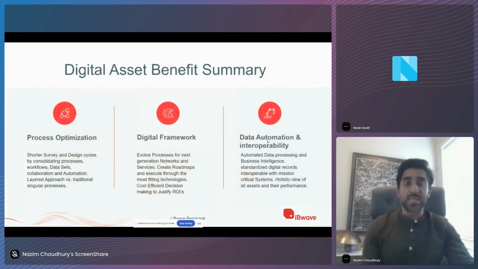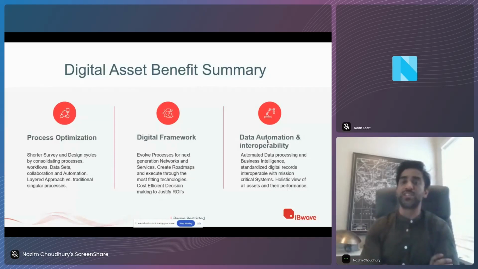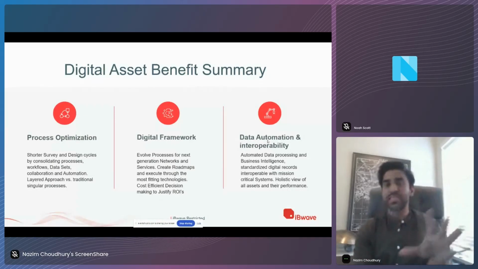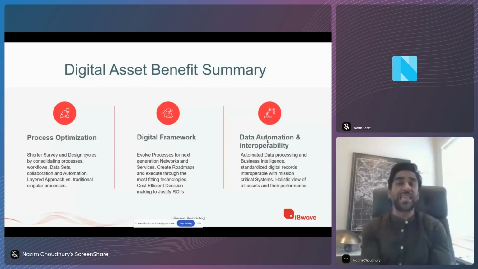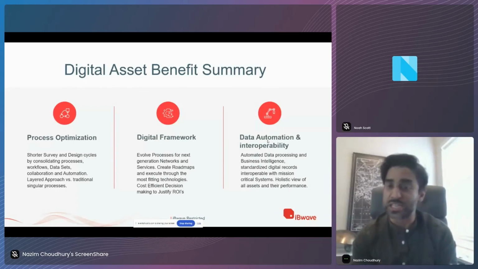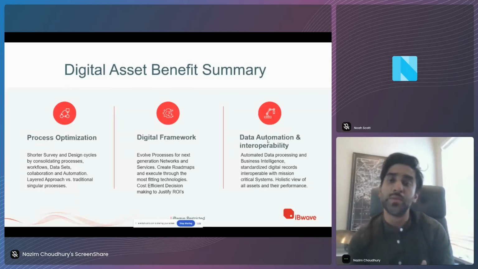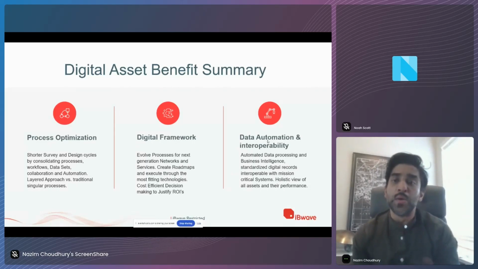So I want to leave some time for questions, but if we were to summarize some of the key points: all those use cases and process optimization are essential. And a point before that: the legacy process of wireless technology planning has been very much one survey and one design for one technology.